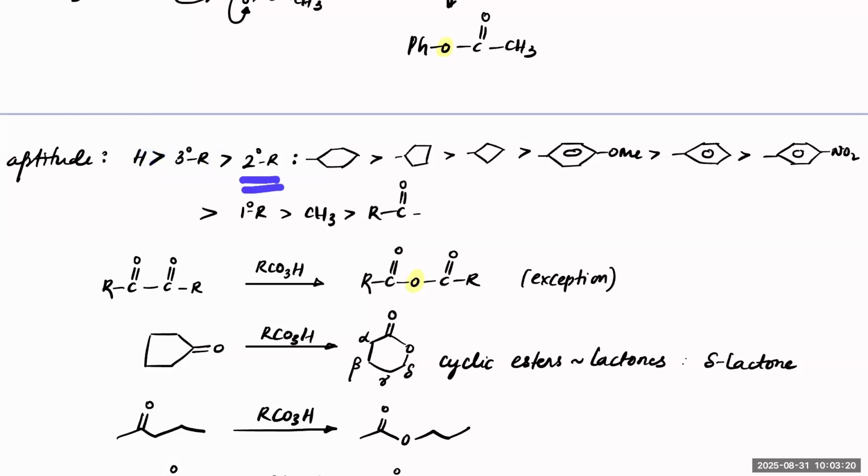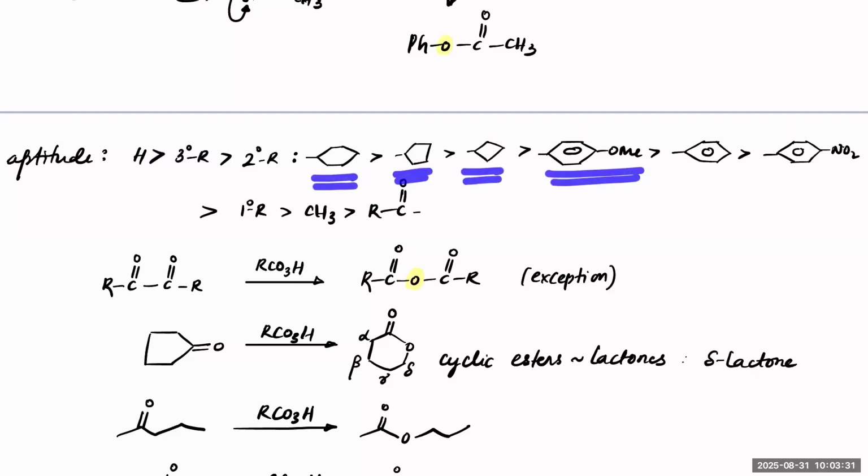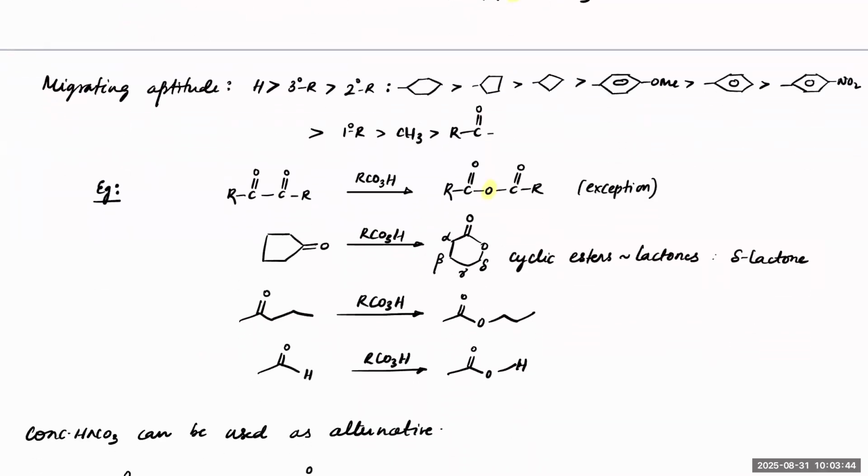Then within 2 degree, remember that we have cyclohexane greater than cyclopentane, cyclobutane. Then we have phenyl groups, then all the phenyl groups with donating groups, only then phenyl with withdrawing groups. And then comes 1 degree methyl and RC double bond O group. So this is how the migrating aptitude is observed.